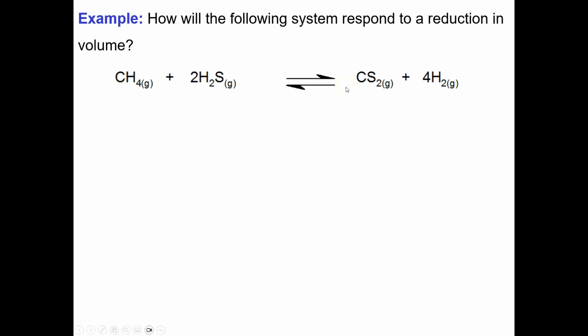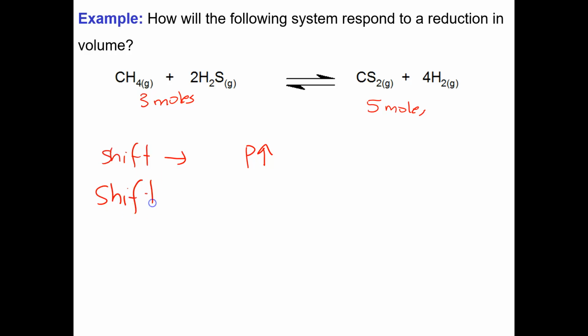It says, how will the following system respond to a reduction in volume? I have 3 moles of gas here and 5 moles of gas here. So shifting right will make the pressure go up, and shifting left will make the pressure go down.